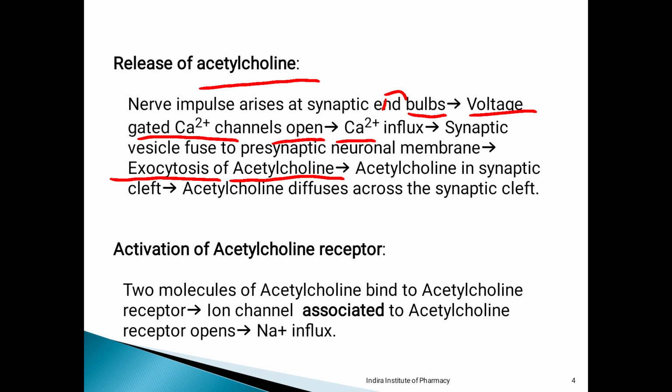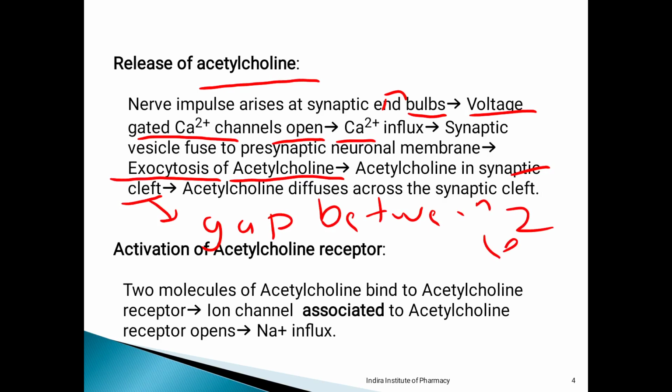Synaptic cleft is the gap between the two cells.